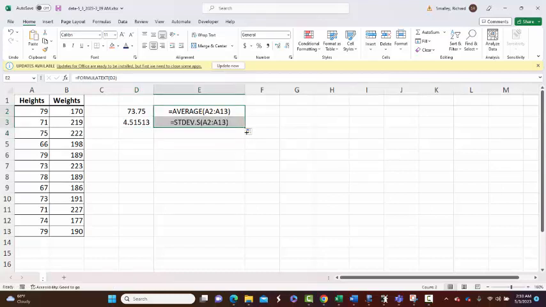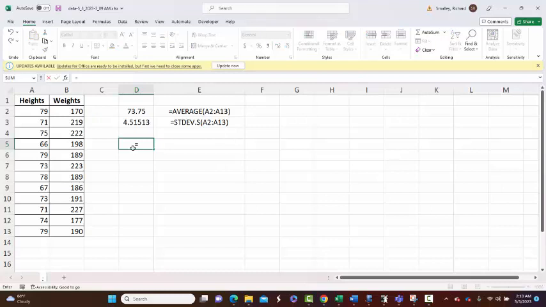Now there's no real program command for the coefficient of variation, but it's the standard deviation, which is D3, divided by D2.